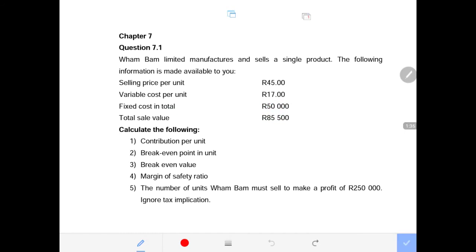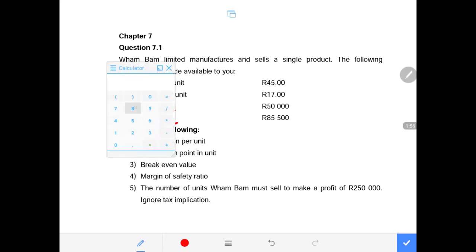Our total sales value is 85,500. So these are the sales value that was received. Obviously, we must have sold a certain number of units, which is 85,500 divided by 45 rand.